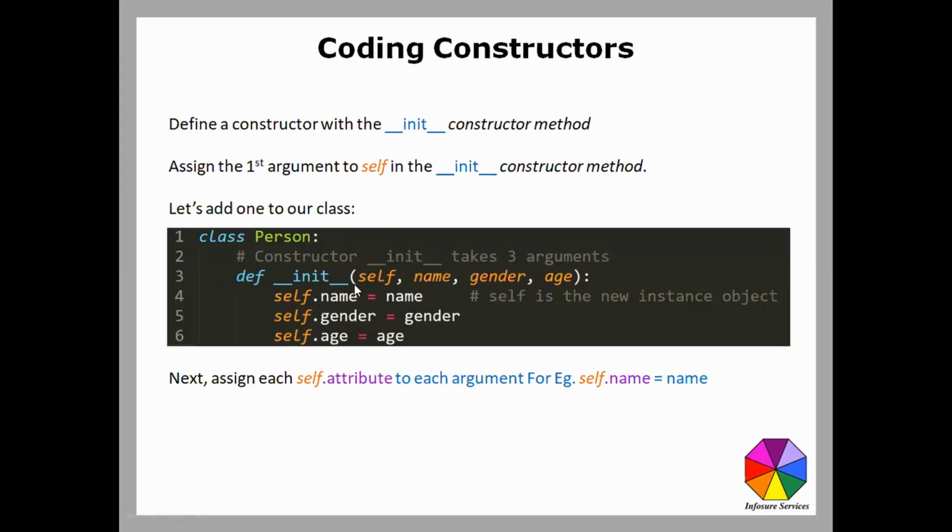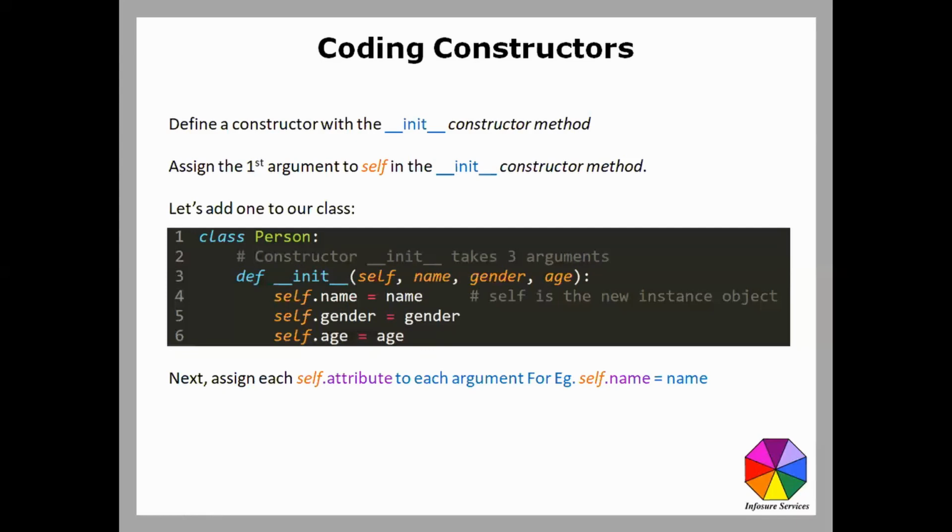What I'm passing here is self dot name is equal to my second parameter, name. This is an initialization, and it is done inside the init method. This is the constructor, and it creates the initialization for your object.